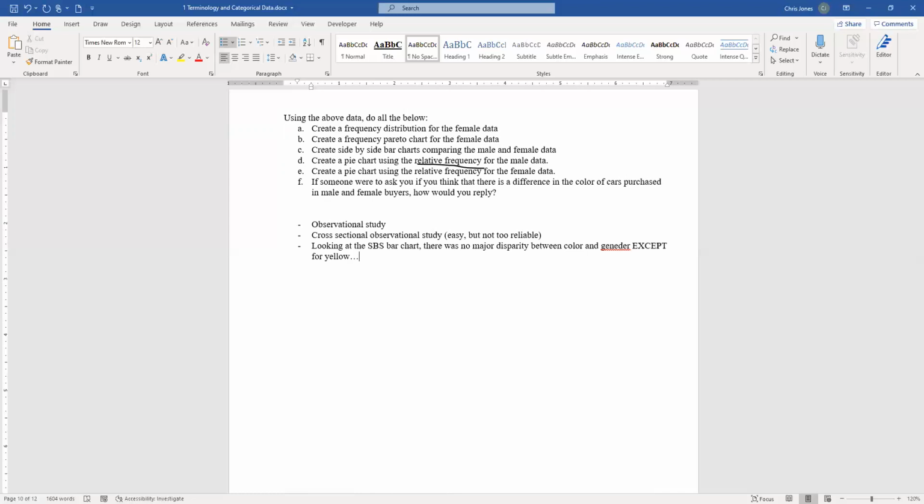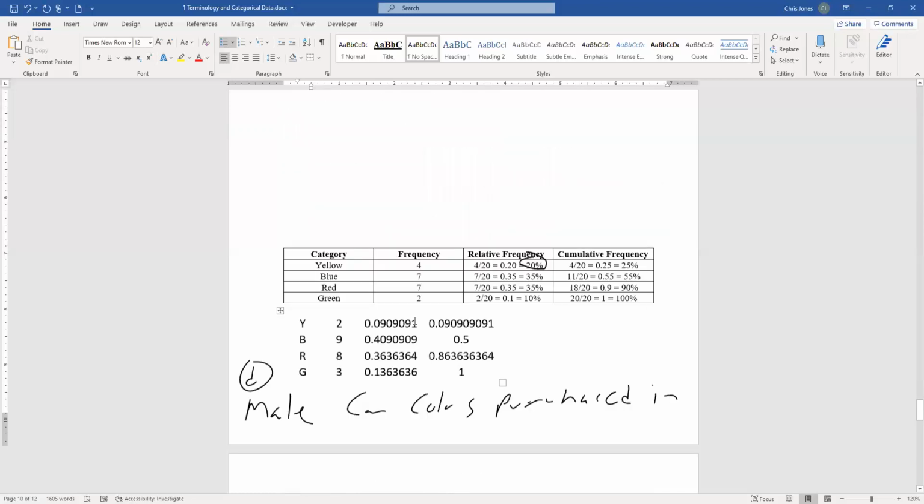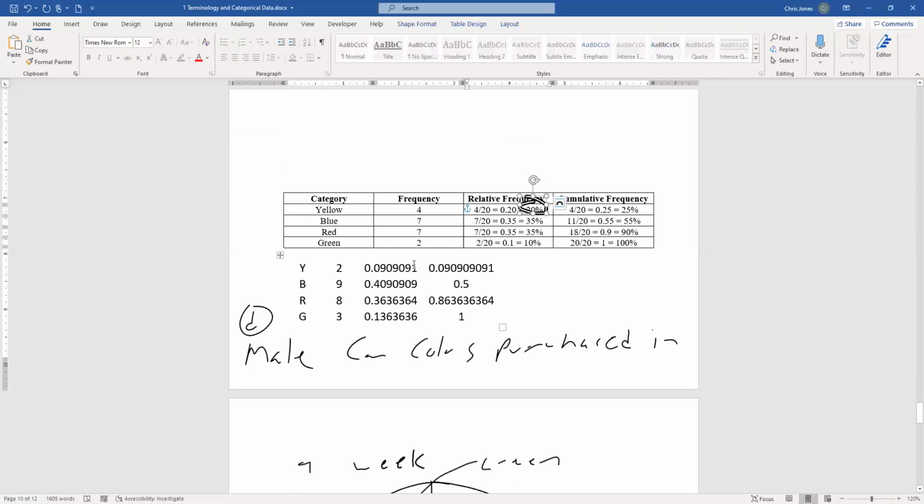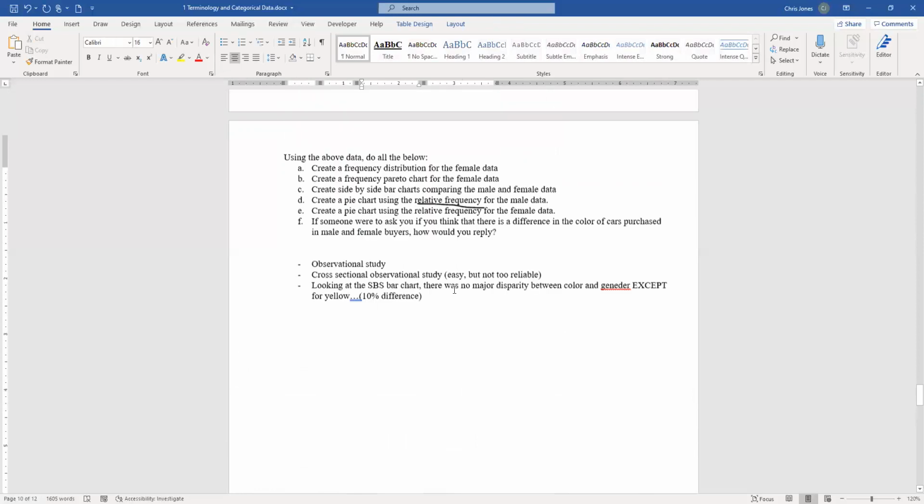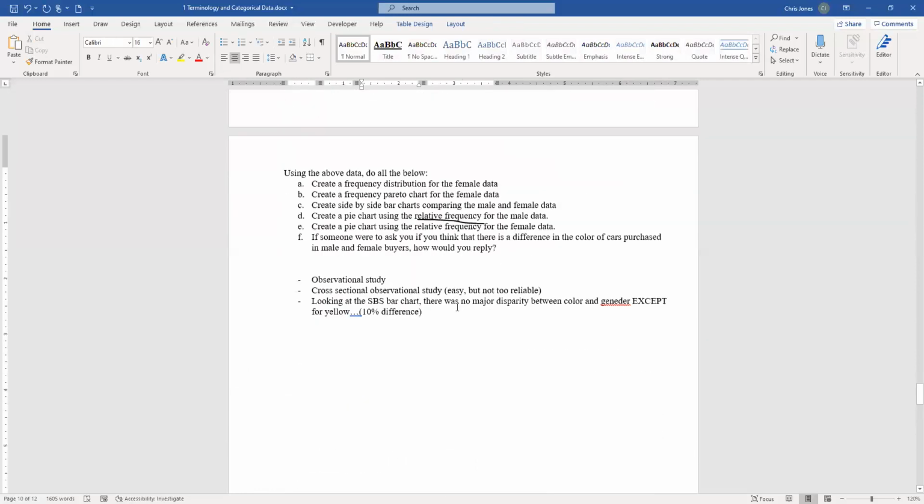But what does that really mean? Remember there was about a 10% difference. We could just look at the frequency distributions down here. Notice we have 20% and about 9%. So it's more like 11%, but that's not a big deal. We're just approximating. All right.